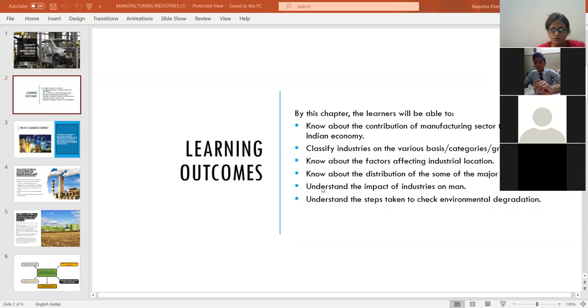We have to resolve this issue. We have to find out the ways to minimize the pollution. So steps taken by government and by various agencies, what steps have been taken and what are the measures to control industrial pollution, in detail we will understand that.